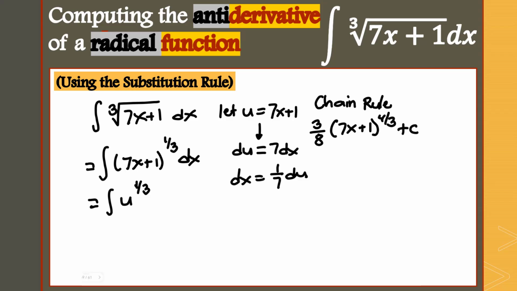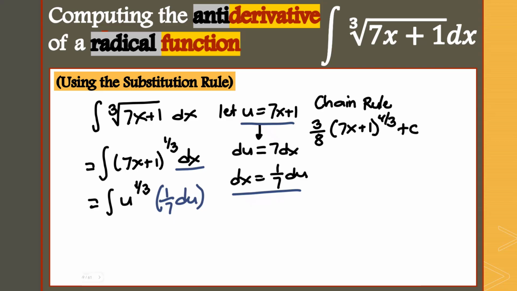The point here is that this is now the representation for dx. This would mean the next item for the integral of u to the power of 1/3 after the substitution rule, we have here 1/7 of du.